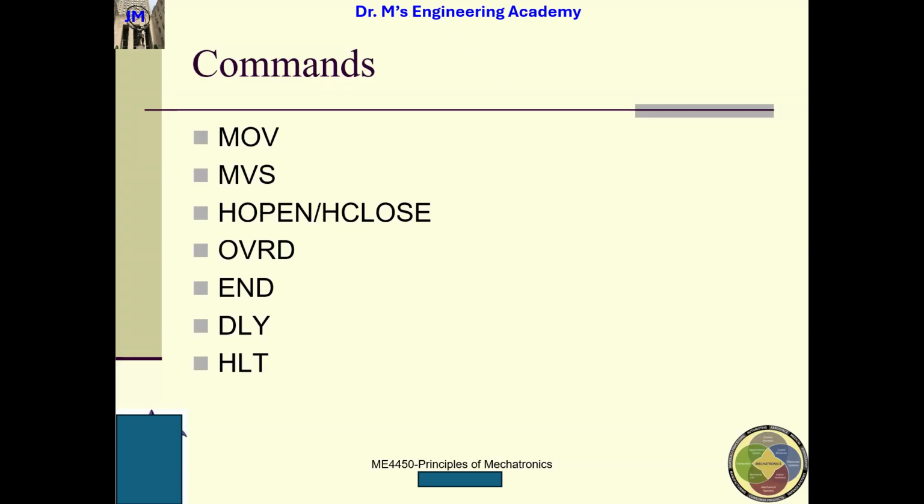Usually the delay is used after the move statement. If I move my hand and I have a delay, that means my hand can precisely go to the desired position. Make sense? Because I want to go there and then delay for several seconds. So this can make sure my hand can precisely go to this desired location.